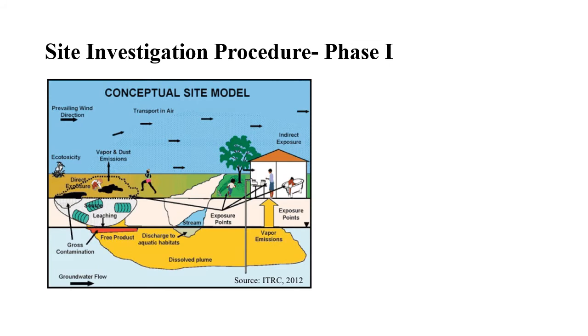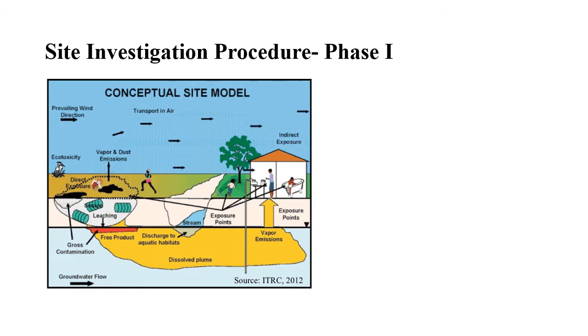Now this is how a conceptual model would look. This is just an example. It shows you the possible contamination. This is buried waste dumps. It could also have been hazardous waste. Sometimes, when you don't find a proper place for dumping hazardous waste, you dump it in underground tanks. Then the leaching happens, then the plume.